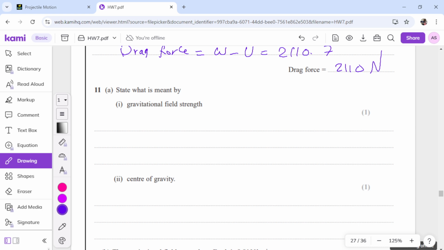Okay, state what is meant by gravitational field strength, g. We are talking about the definition of gravitational field strength. Now it's the gravitational force per unit mass.